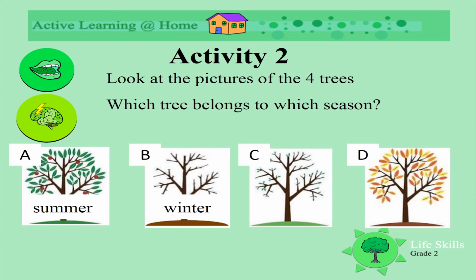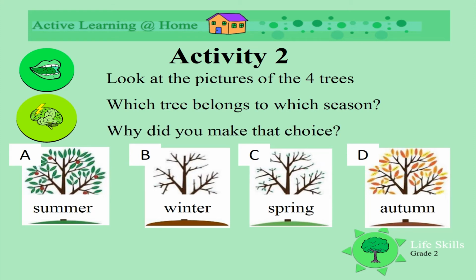Well done. Now look at the trees. Which one is C? C is spring. Fantastic. Well chosen. Now let's do D. What season is D? Which one is missing? Autumn. Well done. That's fantastic.